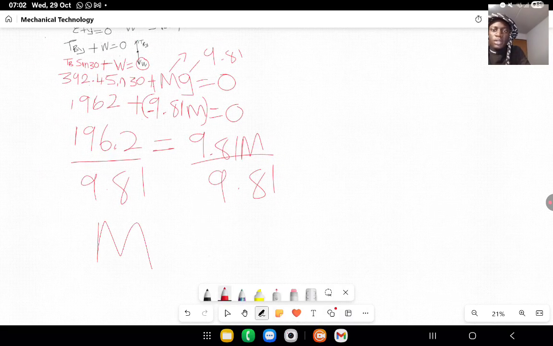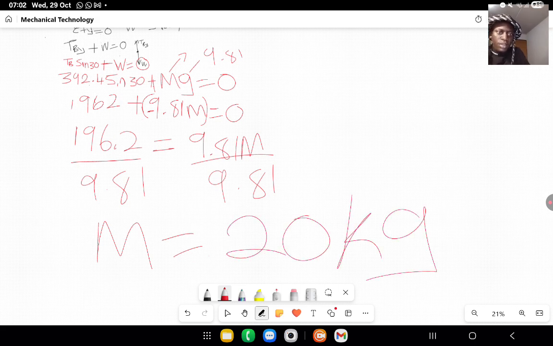Our mass is equal to the answer divided by 9.81. We get 20 kilograms. Don't forget the SI unit, 20 kilograms. Now we are done with our question.